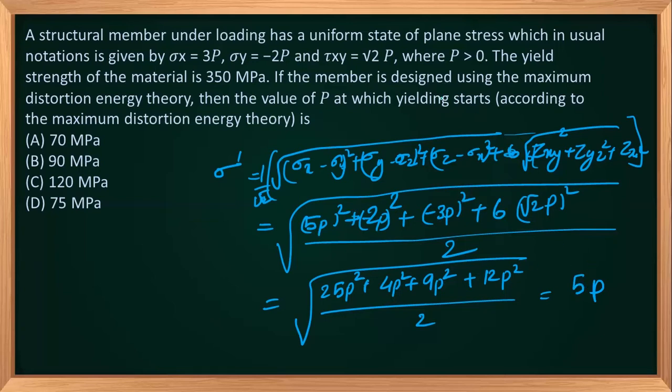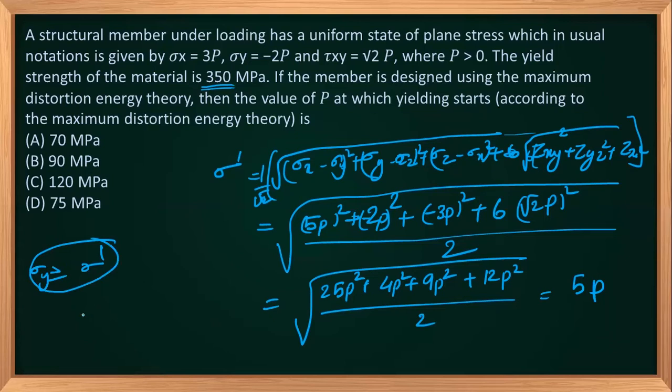So it's saying that when yielding starts, this will be equal to the strength of the material, which is 350. So this is the von Mises stress, and sigma y should be greater than or equal to it. This is the condition for failure. If you want to express yielding as failure, this will be the condition.